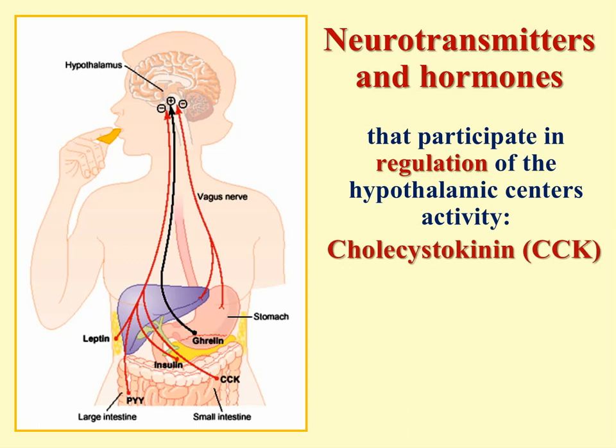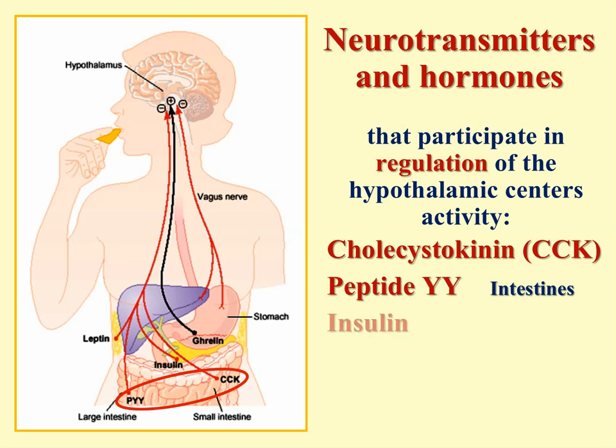This is a hormone produced in the small intestine, as is another substance, peptide YY. They both come from the intestines. They are released in response to portions of food that come into the small intestine, and they stimulate the sensation of satiety while they inhibit the sensation of hunger.